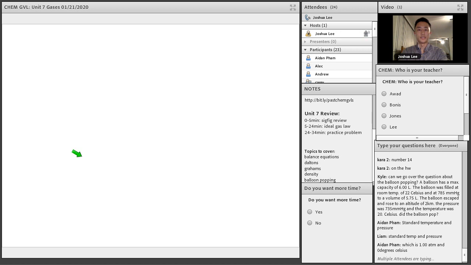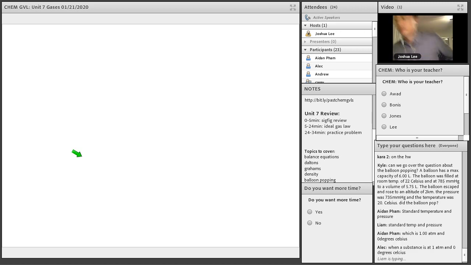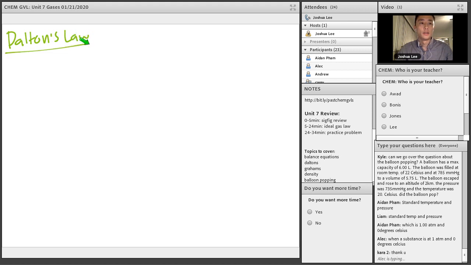Perfect. So, Dalton's law. Dalton's law is all about total pressure being the sum of all the partial pressures of a gas.